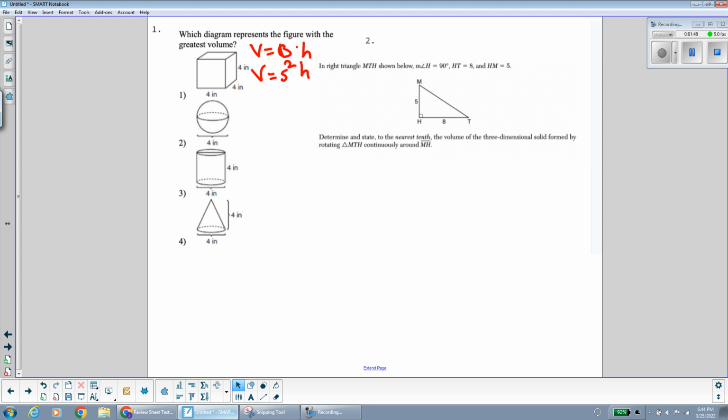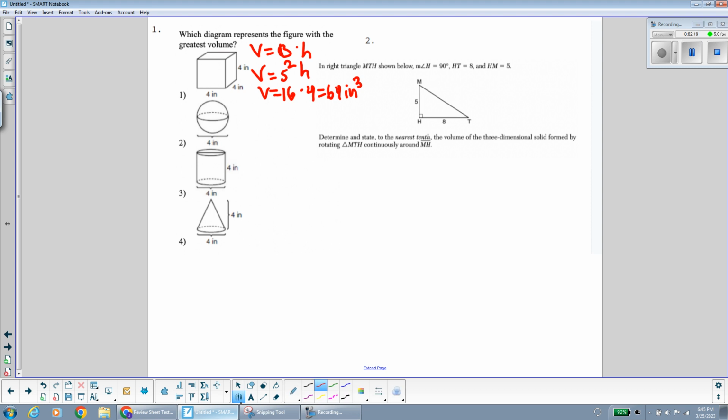So we have 4 squared, which is 16, times the height of the cube, which is 4, and that is 64 cubic inches. Remember that we measure volume in cubic units because solids are 3-dimensional. They have length, width, and height.